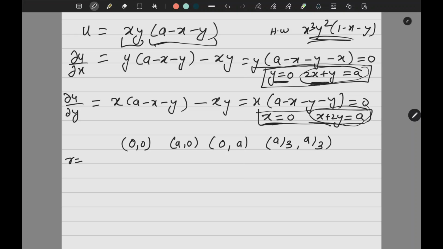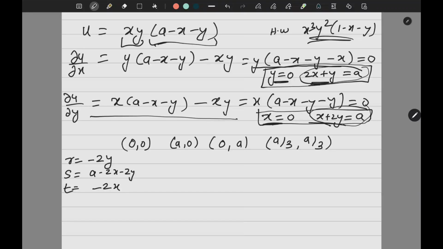Minus 2x differentiation is minus 2. So I got minus 2y. Same way, S is differentiating this with respect to y. So when you differentiate it with respect to y, you will get a minus 2x minus 2y. And then T is differentiating this one with respect to y. So here what you will get? You will get minus 2x.